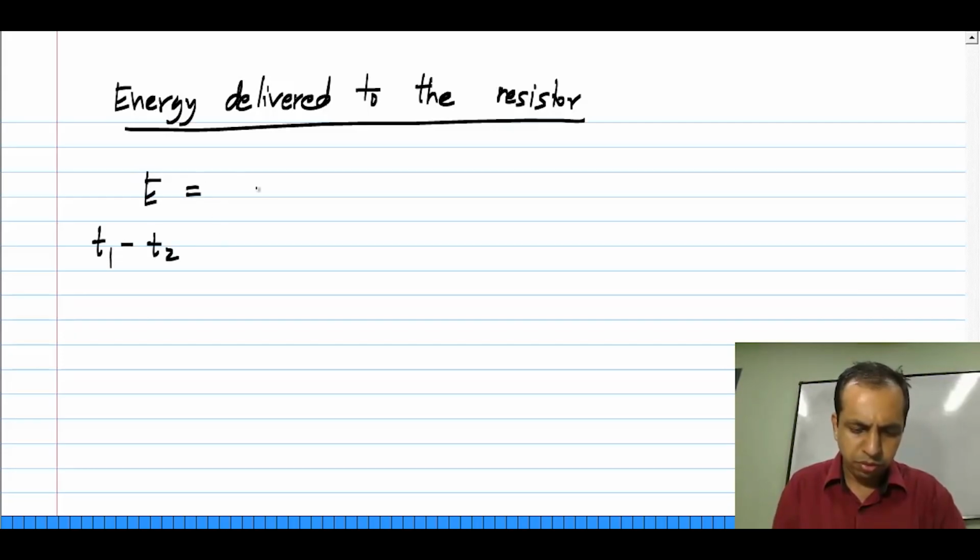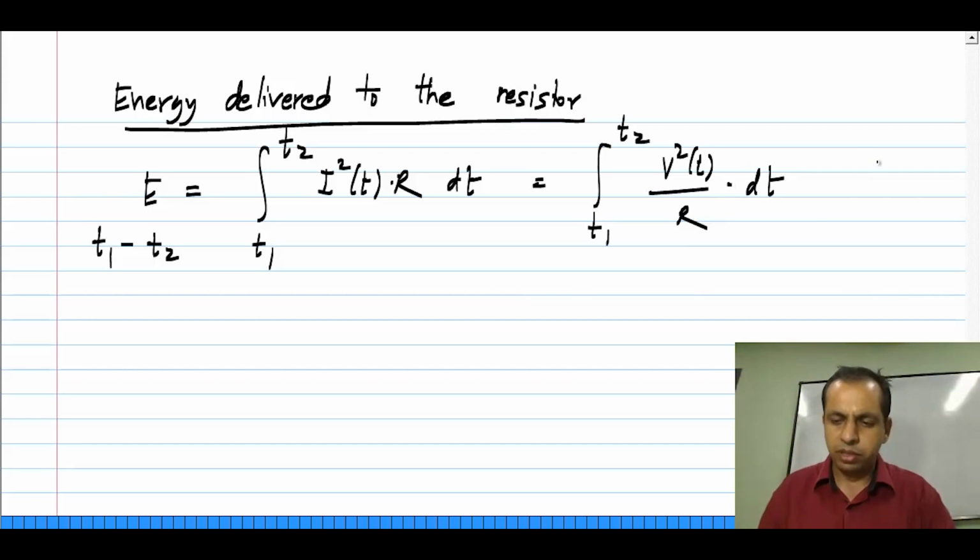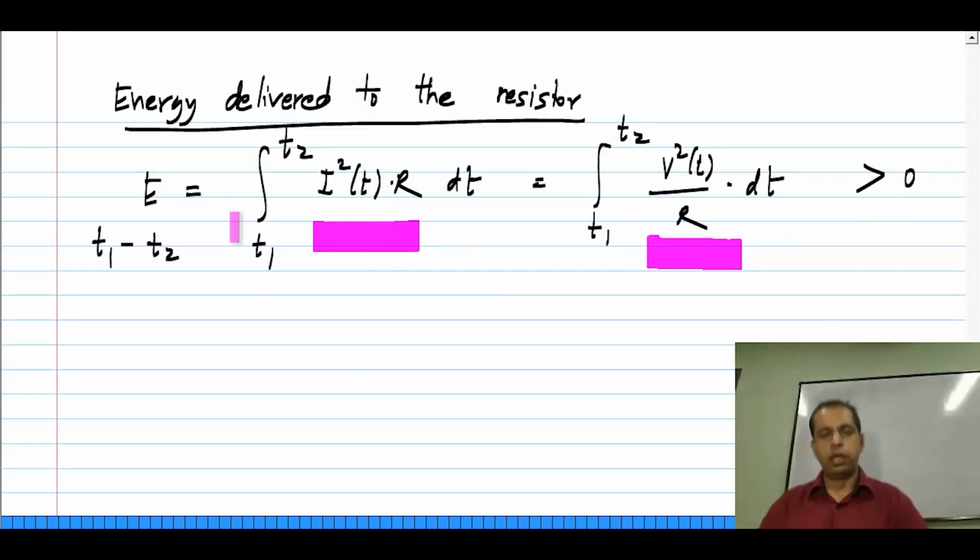From T1 to T2, it will be the integral of I square R dt, or the integral from T1 to T2 of V square by R with respect to time, and this also obviously is always greater than or equal to 0, because the power itself is always positive. So, a resistor always absorbs energy, it can never deliver any energy.